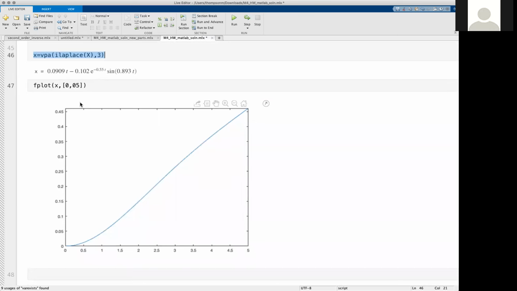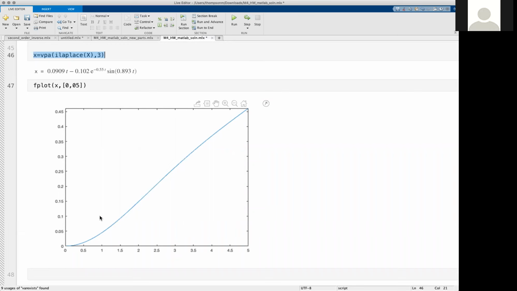Okay, so if you plotted that, so I have this plotted here over 5 seconds. You can see some of that, it's a little bit of oscillation around a ramp, okay? And I think if you visualize the movement of that system, that would make some sense to you.